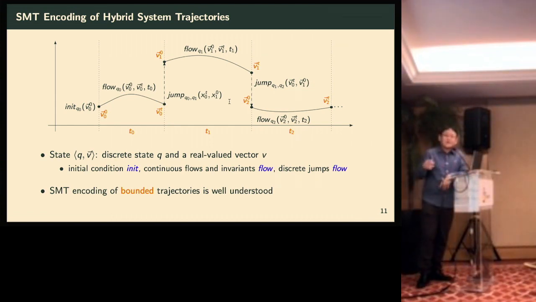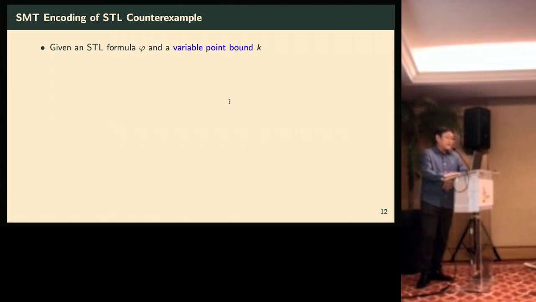So we want to use that for system representation or system encoding. Of course, the only problem now is how to encode the property part. Basically, in order to encode the property, we just assume a given STL formula and some variable point bound.